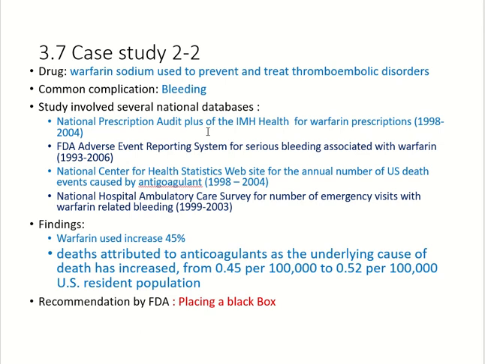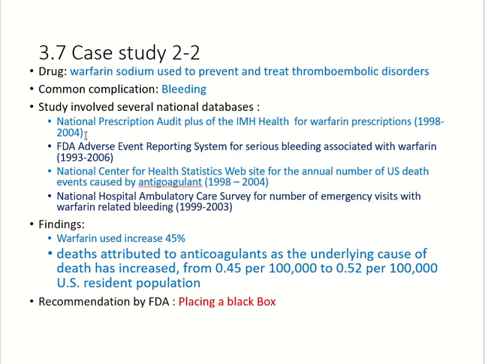And so here's another case study, and in this case study, the drug studied was warfarin sodium, which is used to prevent and treat thrombotic disorders. The common complication here is bleeding. The study involved several national databases. Again, we are talking about secondary databases. One is the National Prescription Audit Plus of IMS Health for warfarin prescriptions, looked at between 1998 and 2004.